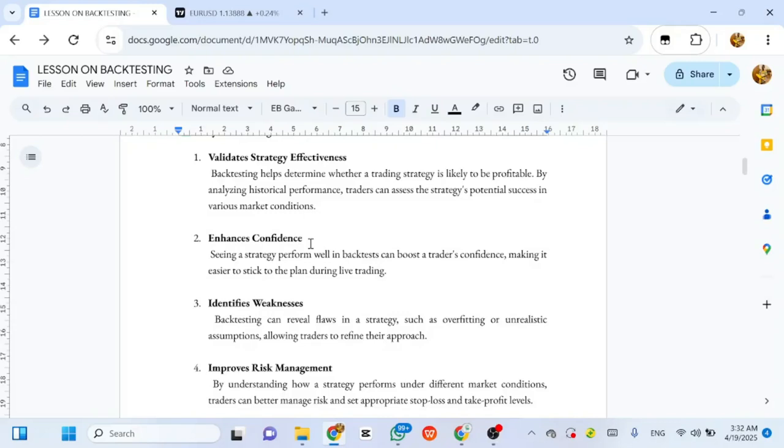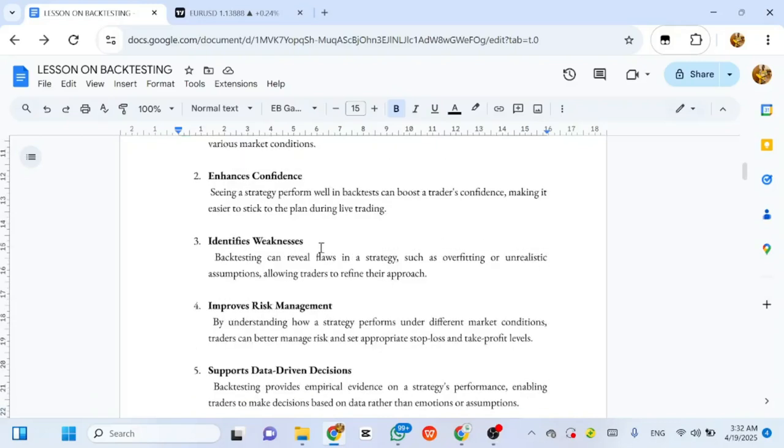Because if you have confidence in yourself, it will end up making you greedy, right? But if you follow your trading plan, you can navigate the system well as you're supposed to. It also helps us identify weakness in that particular strategy, because a strategy is an edge.